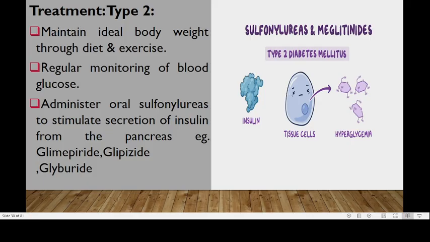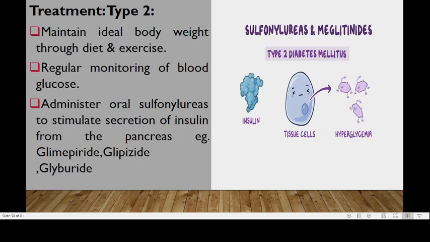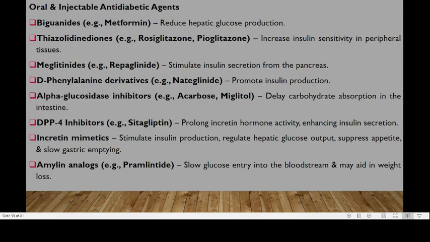They stimulate secretion of insulin from the pancreas. The meglitinides have the same mechanism of action as sulfonylureas, and include drugs like repaglinide, although their stimulation of insulin secretion from the pancreas is a bit slow compared to the sulfonylureas.